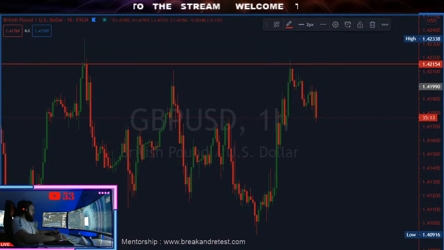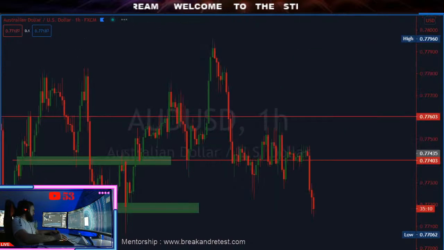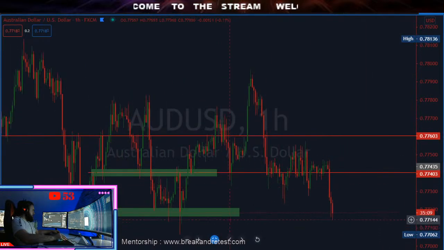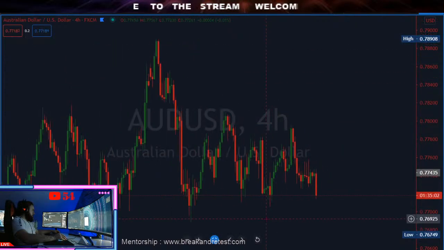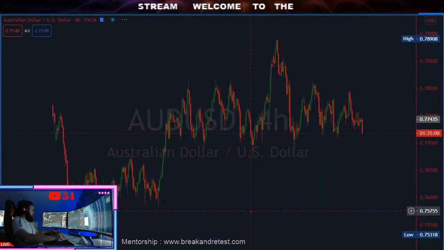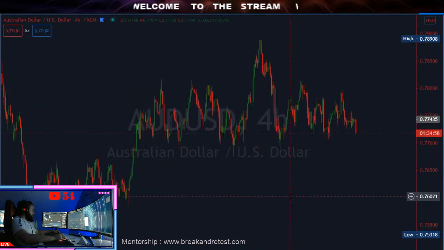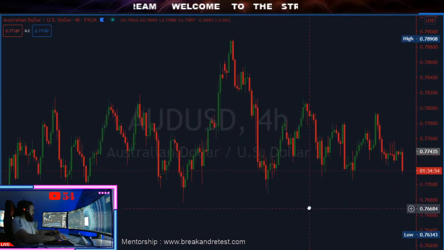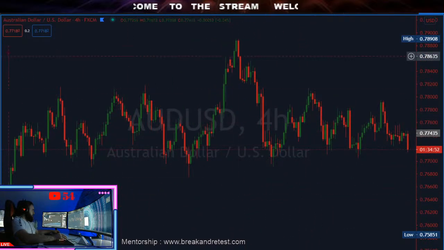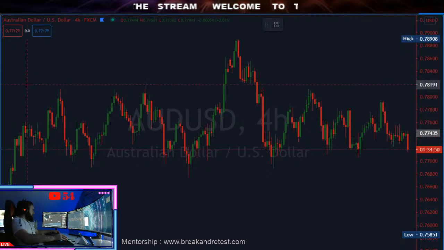How about AUD dollar to the downside? AUD dollar to the downside, let's take a look. See the 4 hour. Now, this is a crazy consolidation. Wow. You guys see this?